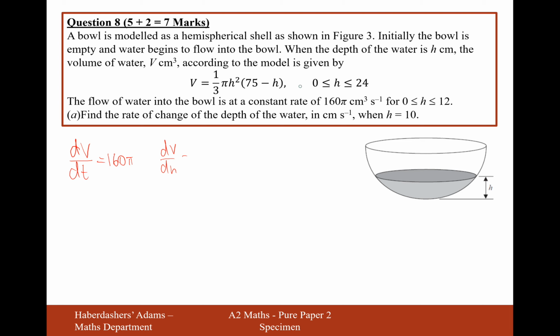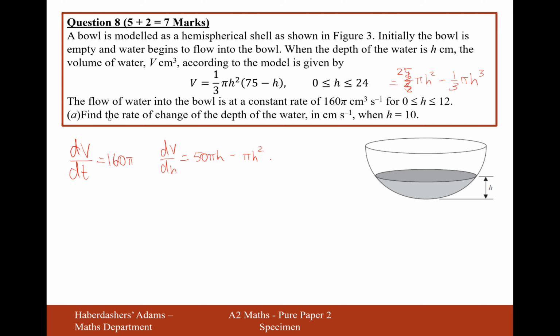Let's expand the brackets: 1/3 pi h squared times 75. 75 divided by 3 is 25, so it's 25 pi h squared minus 1/3 pi h cubed. Now when we differentiate this, we get 50 pi h minus pi h squared.